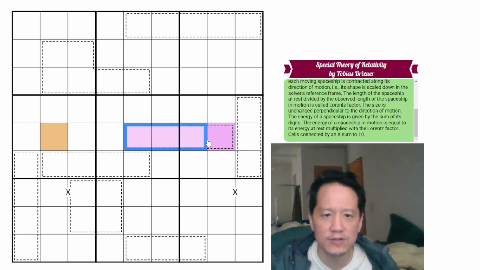So the Lorentz factor is 4 here. The energy of this spaceship is whatever the sum is, and the energy of this spaceship is equal to its energy at rest multiplied with the Lorentz factor.